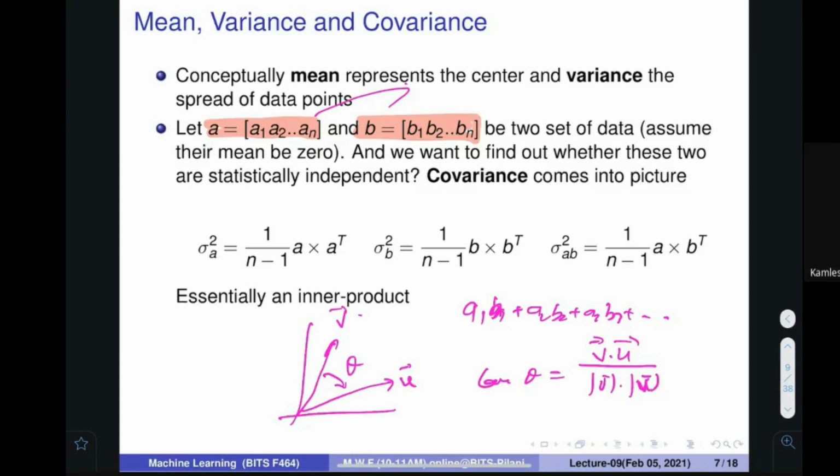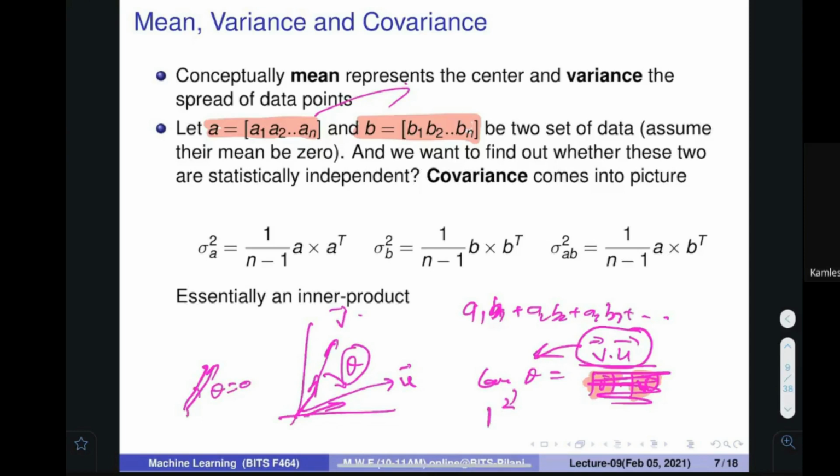Let us also assume that these vectors are unit vectors, because if we are only interested in the direction, in theta, we can assume they are unit vectors. Then the denominator vanishes, so this dot product corresponds to cos theta. When these two vectors are in the same direction, theta is equal to 0, and cos 0 becomes 1.